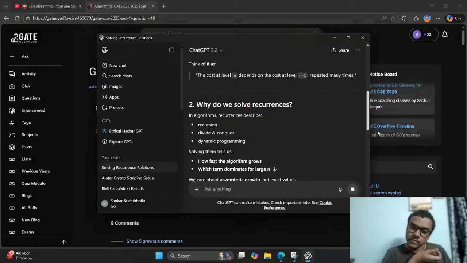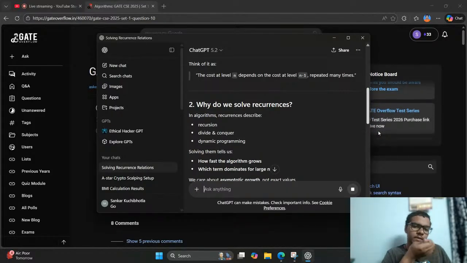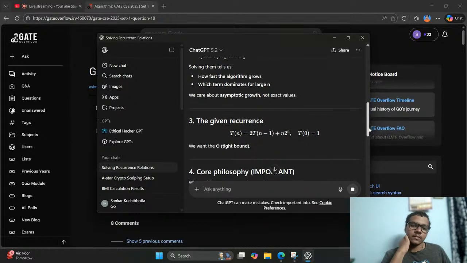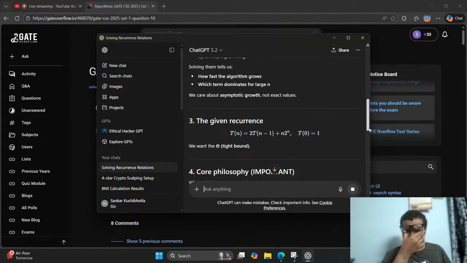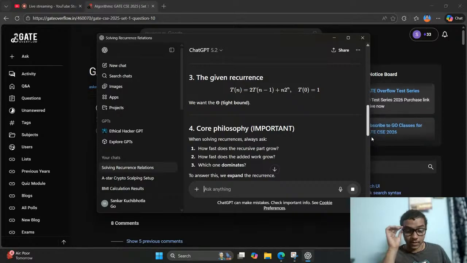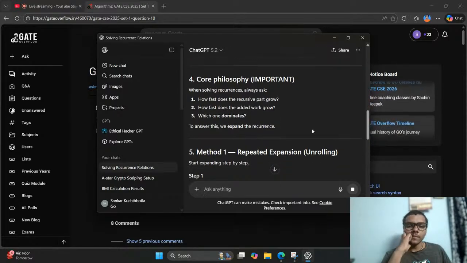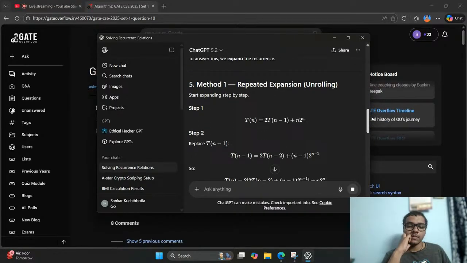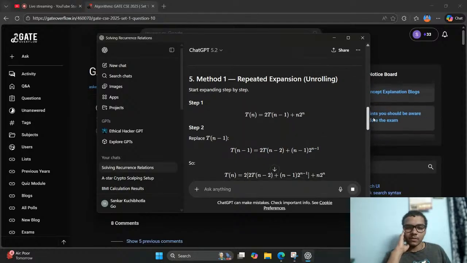In algorithms, recurrences describe recursion, divide and conquer, and dynamic programming. So we need the tight bound. How fast does the recursive part grow? How fast does the added work grow? Which one dominates? Repeated expansion, unrolling.